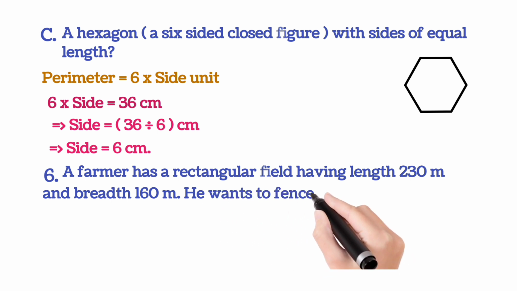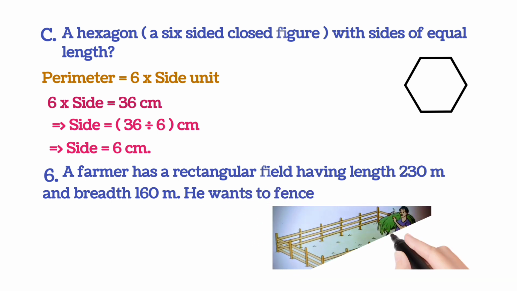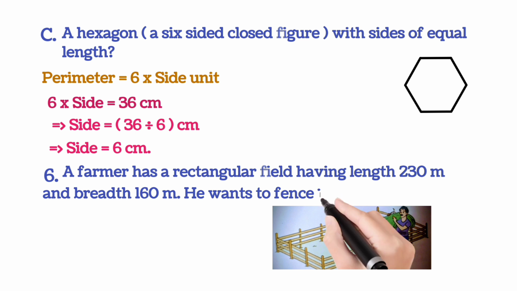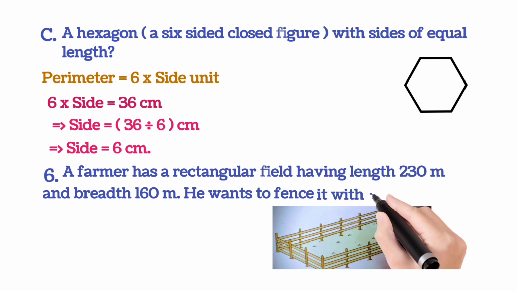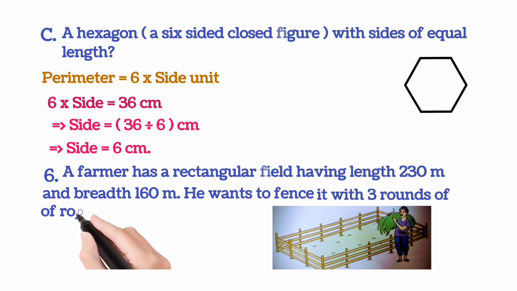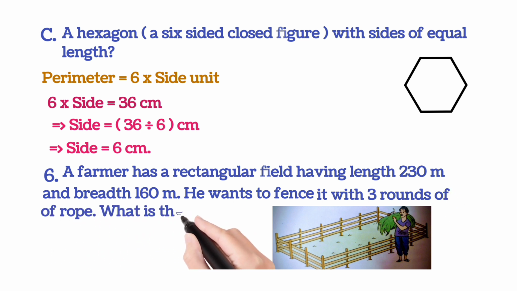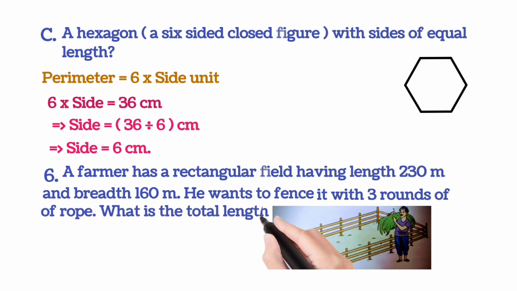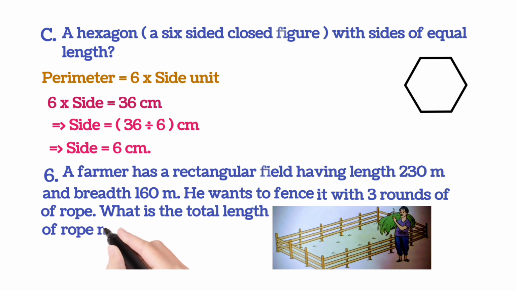He wants to put a fence, and he makes 3 rounds of a rope. This rope moves around the fence 3 times. With 3 rounds of rope, we will find what is the total length of the rope needed.